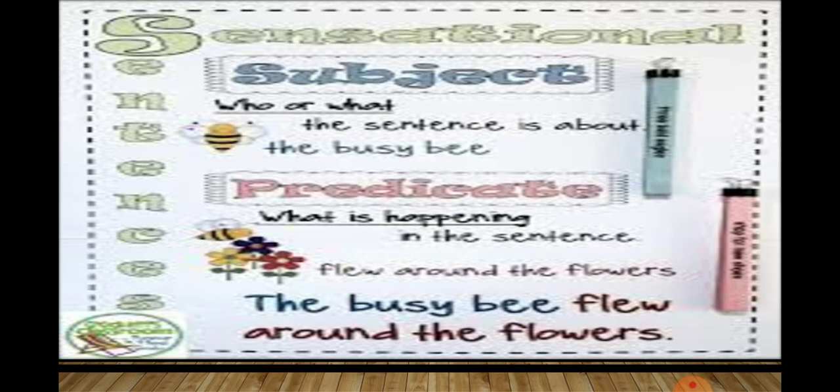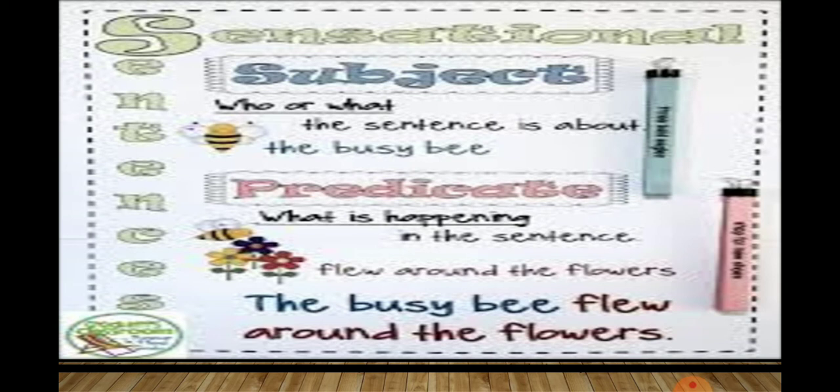You can see the example that is given to us is: the busy bee flew around the flowers. So, children, in order to find the subject and the predicate, the simplest way is to ask the question who. So, if we ask the question who flew around the flowers, we will get the answer the busy bee.